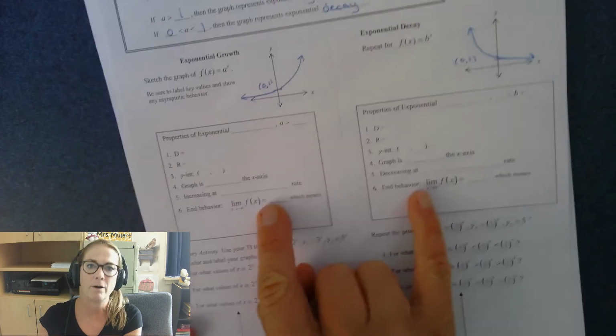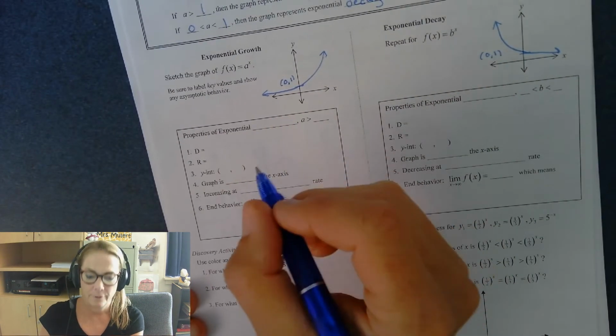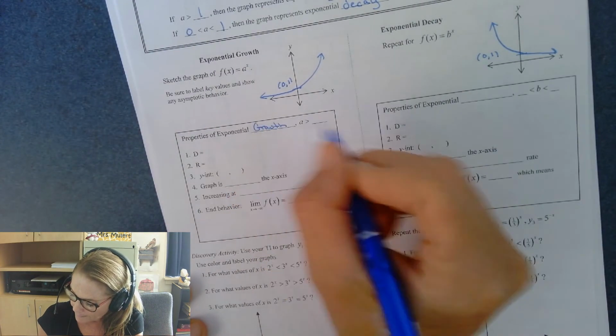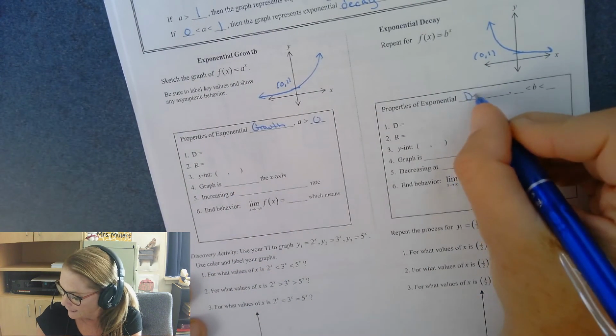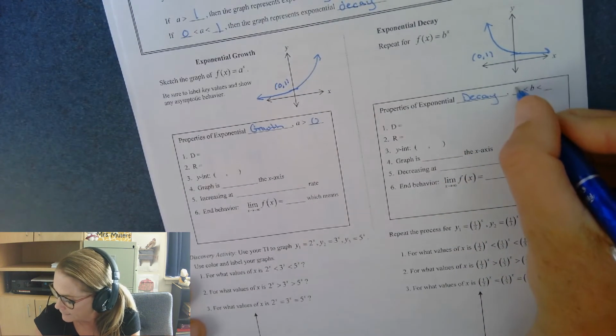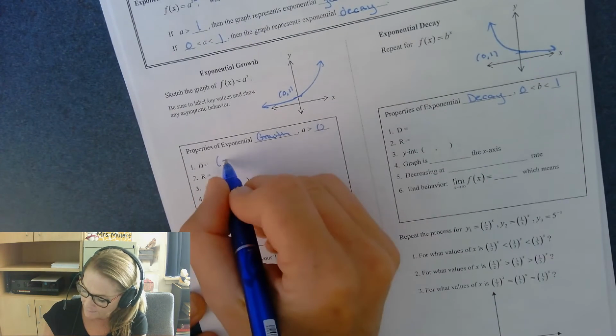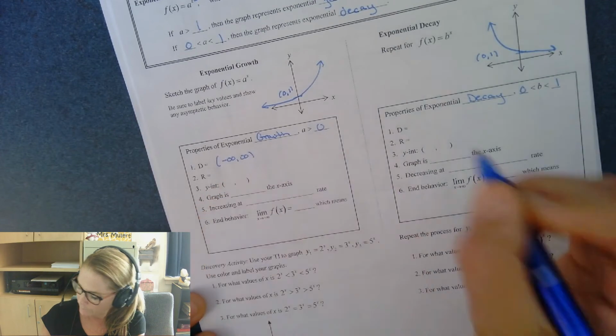And these are very similar properties of exponential growth. A is greater than 1, growth. A is, or B, and they're using B here, between 0 and 1, decay. All right, so the domain is always all reals for both.